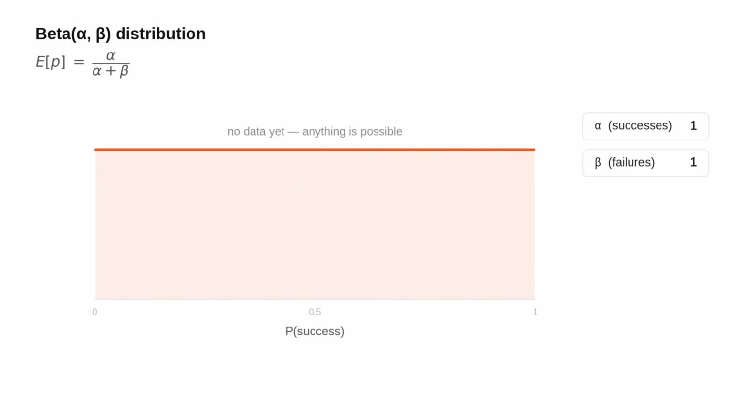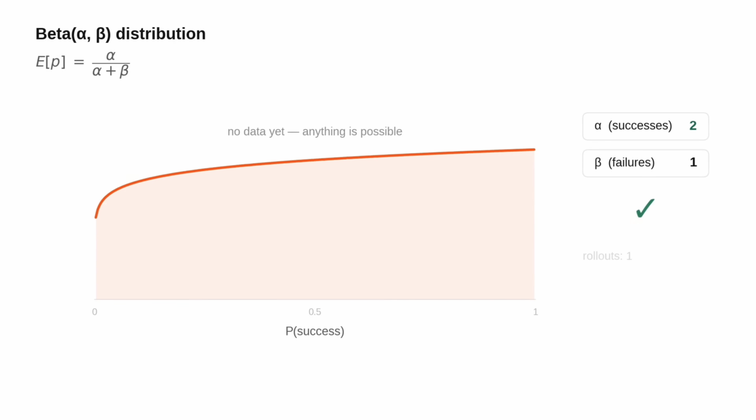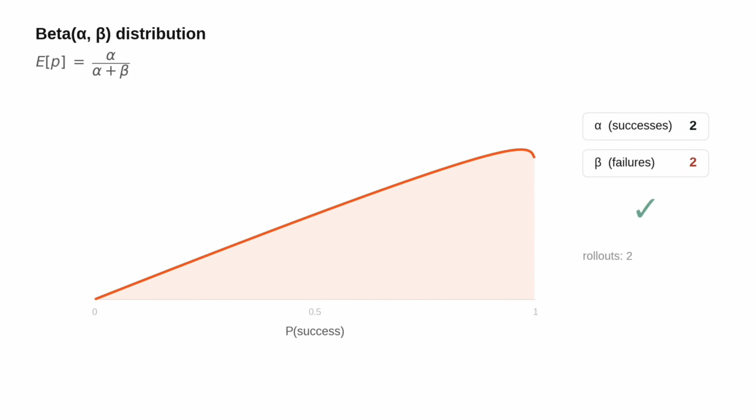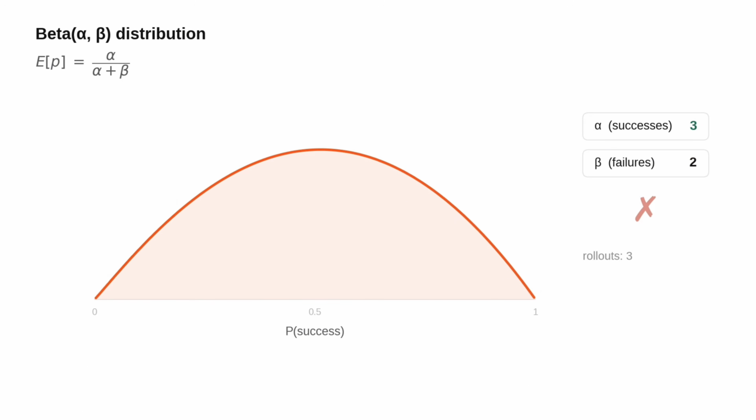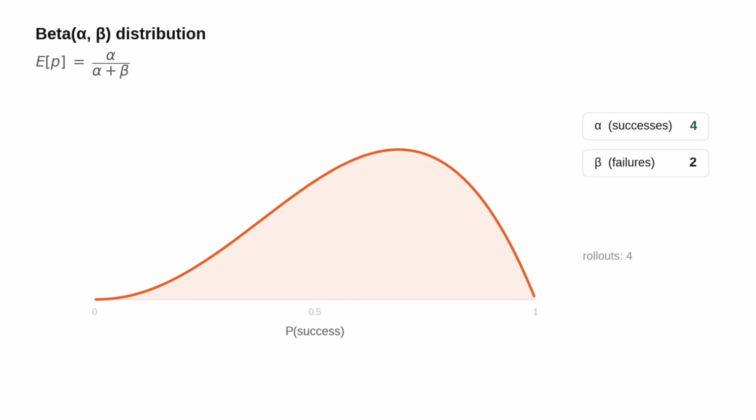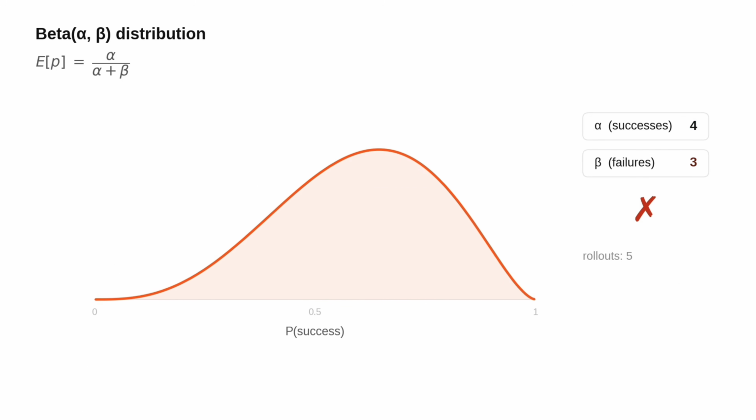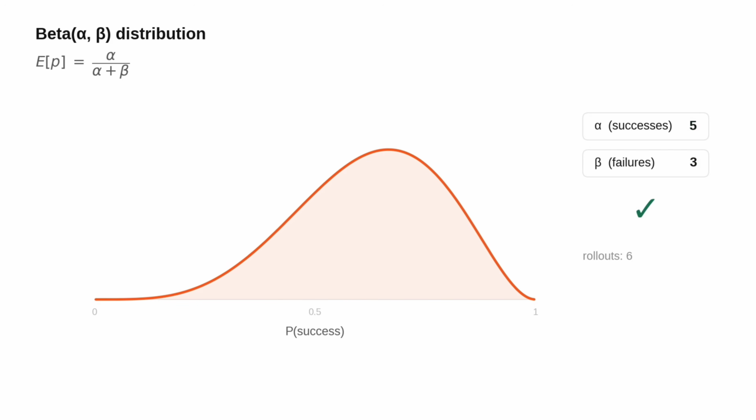Now let's run our experiment multiple times. Every time the experiment wins, when we have a success, we increment alpha by 1. Every time the experiment loses, we increment beta by 1. You may see that our distribution changes, and when we increase the number of rollouts, the expected value, the midpoint of this distribution, moves towards our actual success probability.